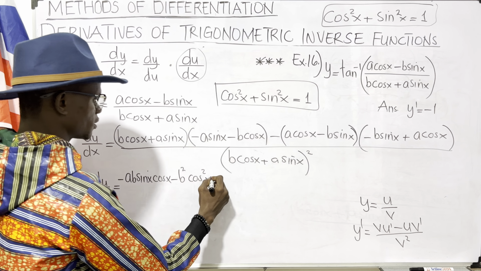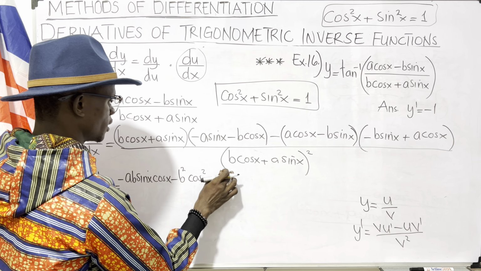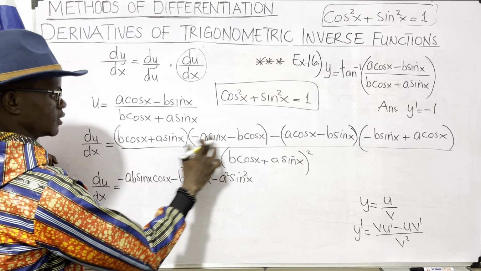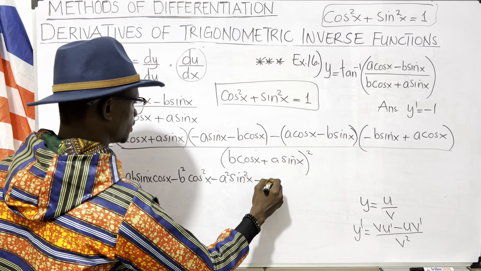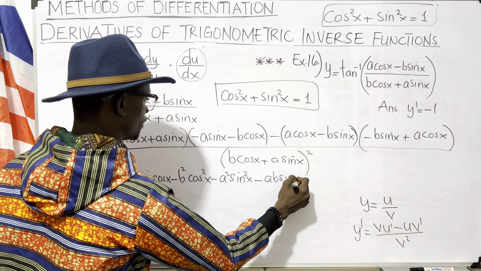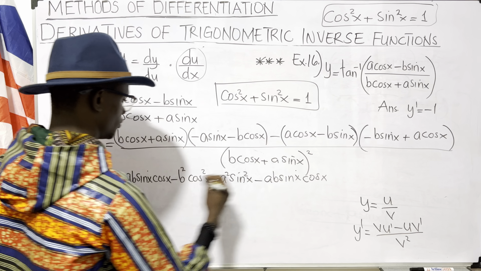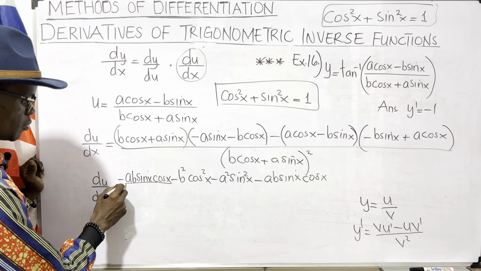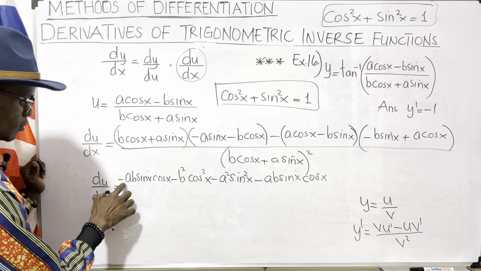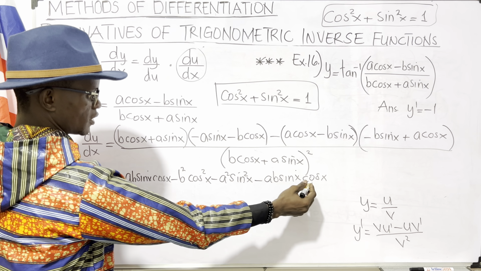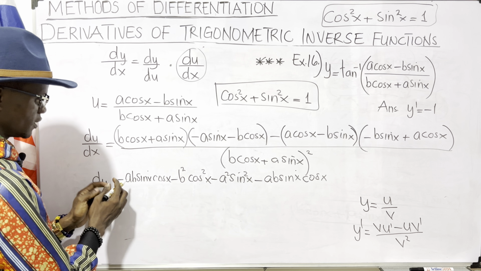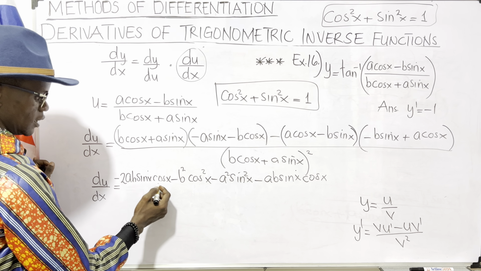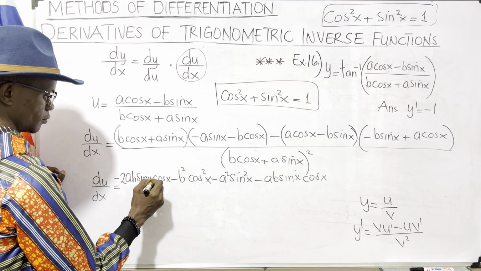This and this gives us minus a² sin² x, and then this and this gives us minus ab sin x cos x. Now let's reduce it. We have minus ab sin x cos x and minus ab sin x cos x, so we can add them. The signs are the same, so this will just give us minus 2ab sin x cos x.